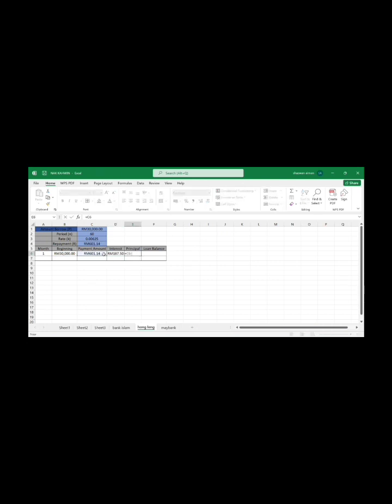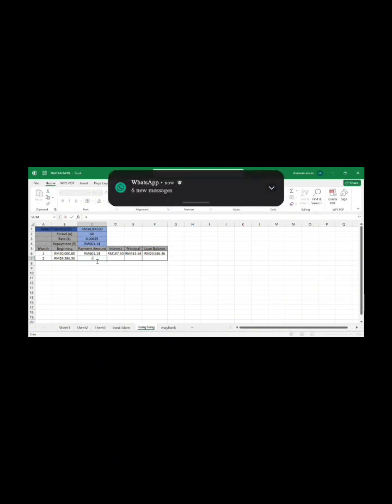The principal is C6 minus D6, and then we got 413.64. For the loan balance is B6 minus E6, we got 29586.36, and then it will start on the beginning at the next month.